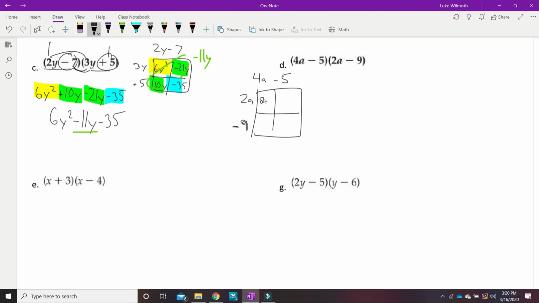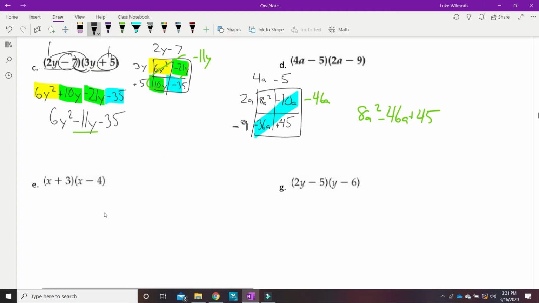So my first, I have 8a squared minus 10a, and here I have 9 times 4 is negative 36a, and what is that, positive 45. I can add along the diagonal, and that is negative 46a. So my answer is 8a squared minus 46a plus 45.